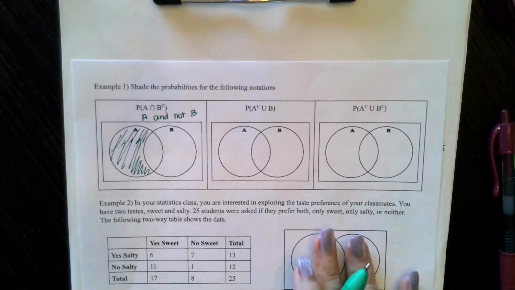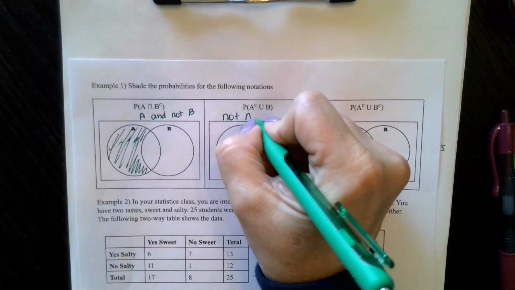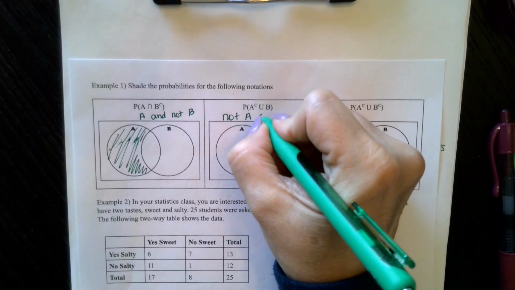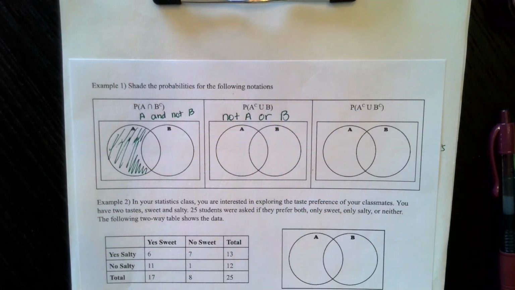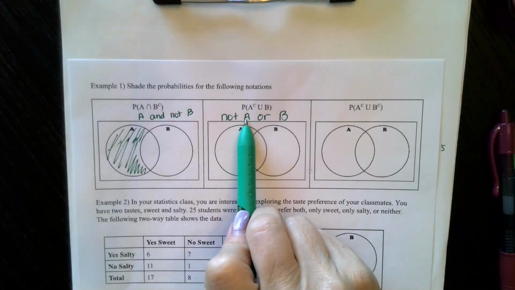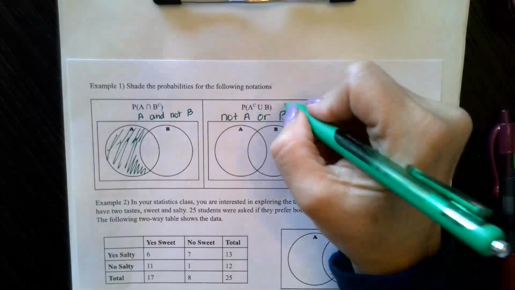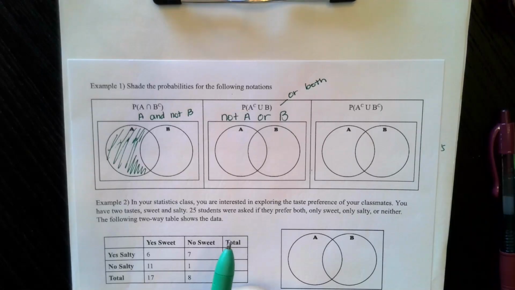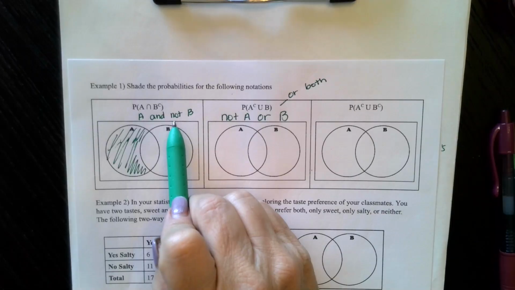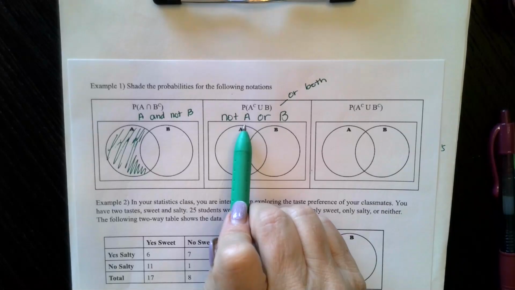All right? So this one says probability of not A or B. Now remember, the difference between and or, this can be or both. So with my or statement, it can be either or, right? So and means both of those have to be true, or means not this or not that.